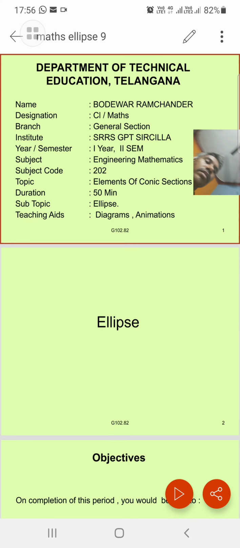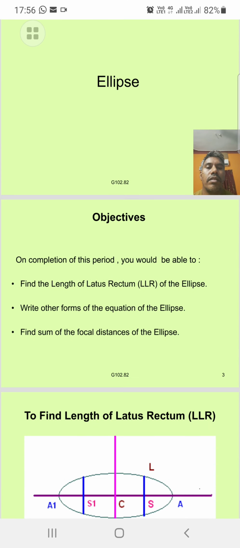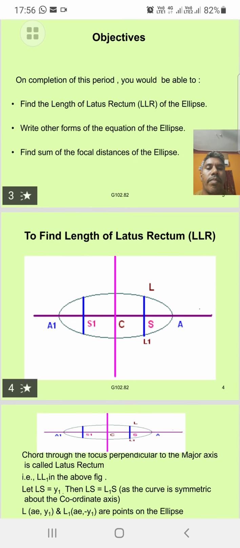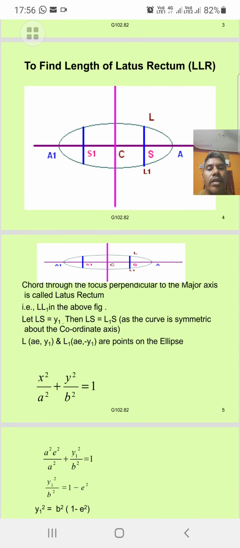So these are the ellipse forms, parts and equations, and you see the example problems and try to do exercise problems from the textbook.